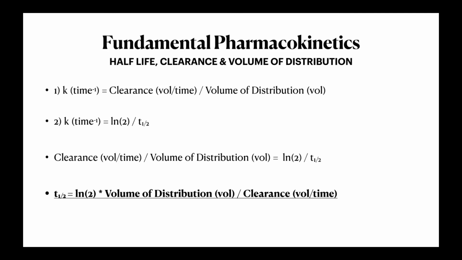So if you put those two equations together, what you get is your half-life equals the natural log of 2 multiplied by your volume of distribution divided by clearance. This is the reciprocal of what I talked about with the elimination rate constant. In other words, when you increase your volume of distribution, you're going to be increasing the half-life of a drug. And if you decrease the clearance of a drug, you're going to be increasing the half-life. And hopefully that makes sense to you as well.